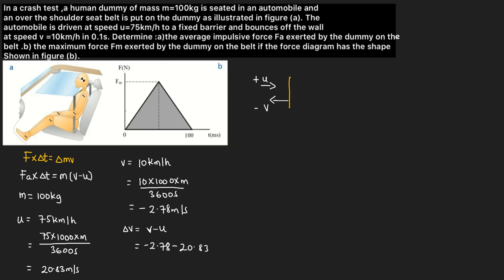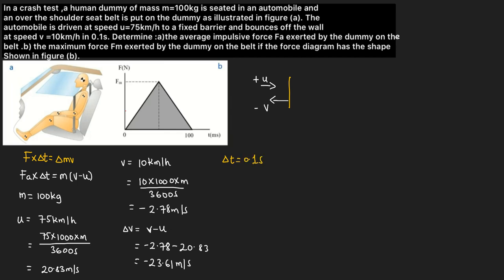Minus 2.78 minus 20.83 will give us a value of minus 23.61 meters per second. That will be the change in velocity. And then the question gave us the change in time, which is 0.1 seconds.